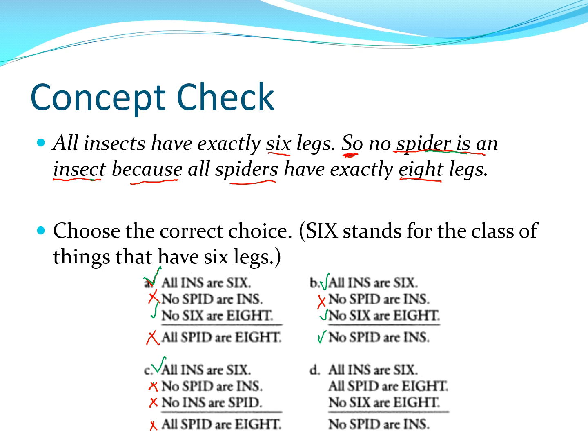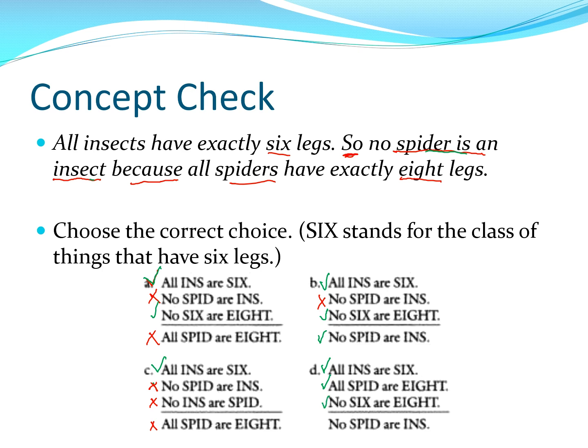That leaves us with D. And of course, it's probably figured out by now the answer is D. It says all insects are 6. That's true. We have that in the first sentence. All spiders are 8. Yes, spiders have exactly 8 legs. That's true. No 6 are 8. Well, that's true. 6 doesn't equal 8, so we assume that insects do not equal spiders.